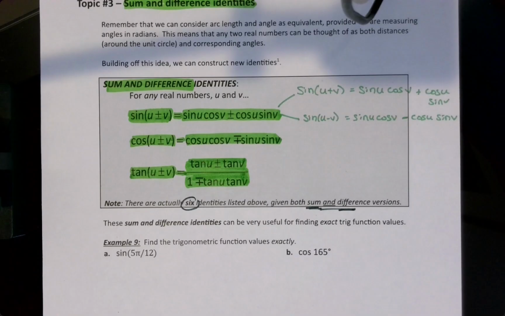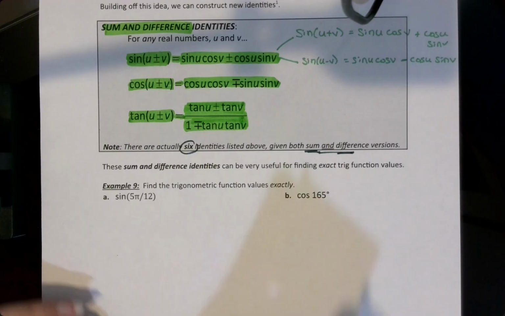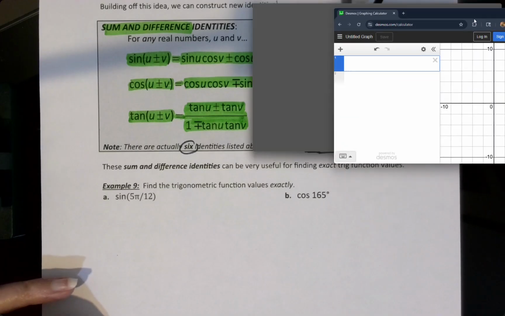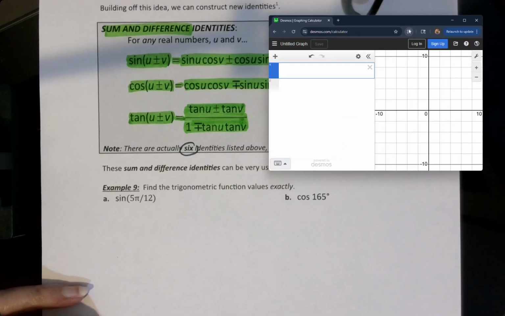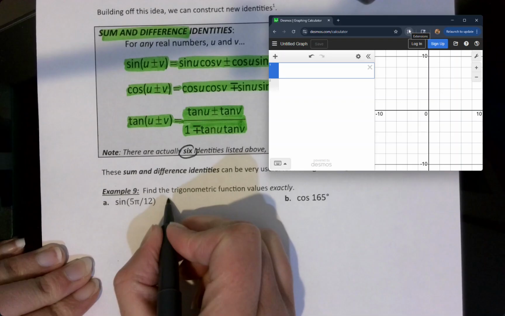So think about 5 pi over 12 for a second. 5 pi over 12 is not on the unit circle, but I wonder if I could make it from angles that are on the unit circle, such as pi over 6 or pi over 4 or pi over 3 or pi over 2, etc. So one of the things I noticed about 5 pi over 12 is, of course, that the denominator is 12.